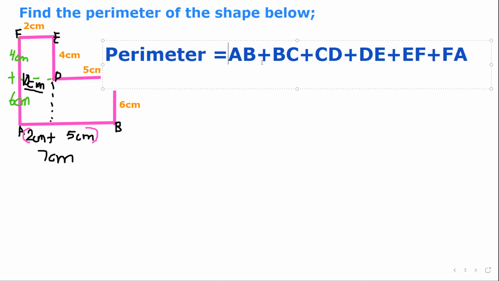Now, you count to double check whether the line segments that form the shape are the same as what you have stated. Yes, 1, 2, 3, 4, 5, 6. 1, 2, 3, 4, 5, 6. Okay, good. Now you can write the lines here. So line AB plus BC plus CD plus DE plus EF plus FA form this shape here.